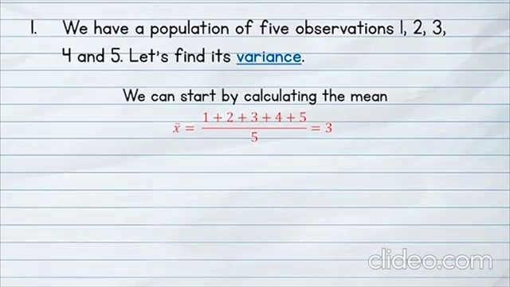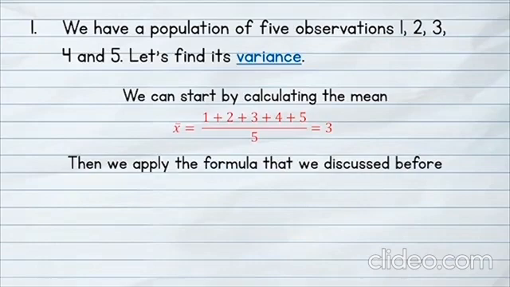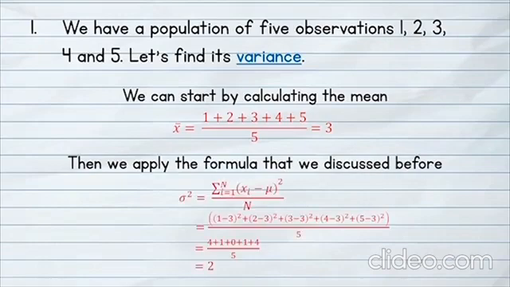And the value of the mean is 3. Then, we apply the formula which we just discussed. After we calculate with the formula, the value of variance is 2. So, the population variance of the dataset is 2.